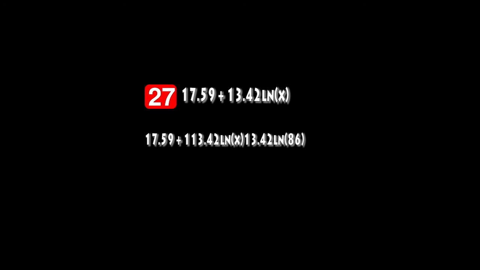So technically, all we had to do is make 1986 into 86 and put x equal to 86 in the logarithmic model to find the result, which is 77.4 years.